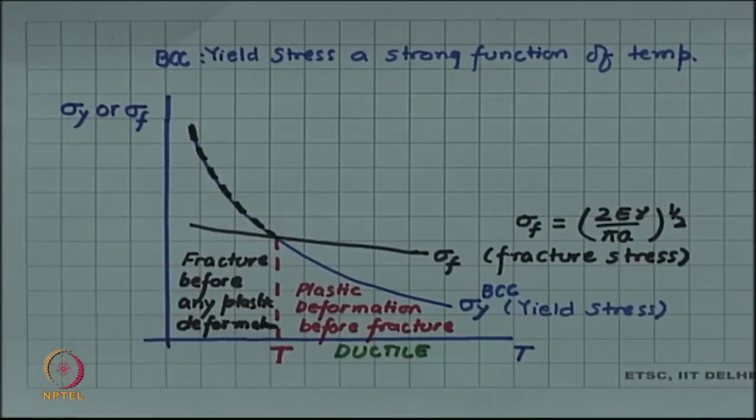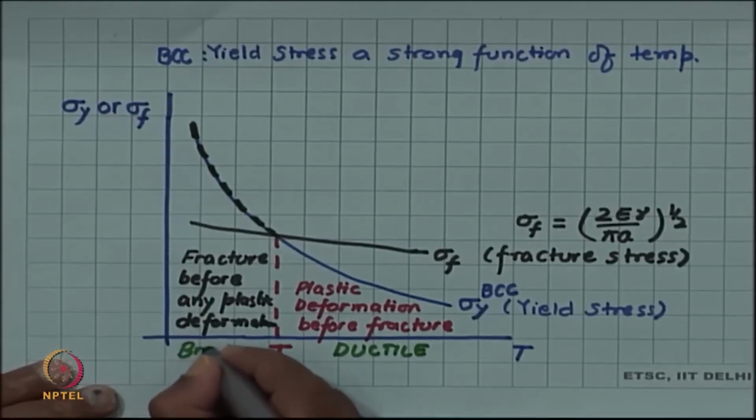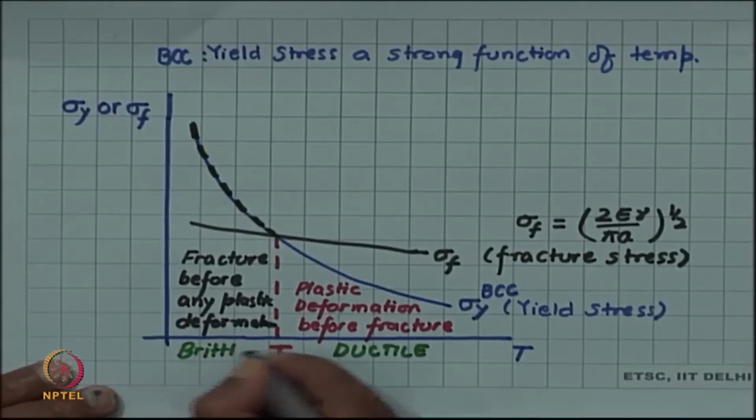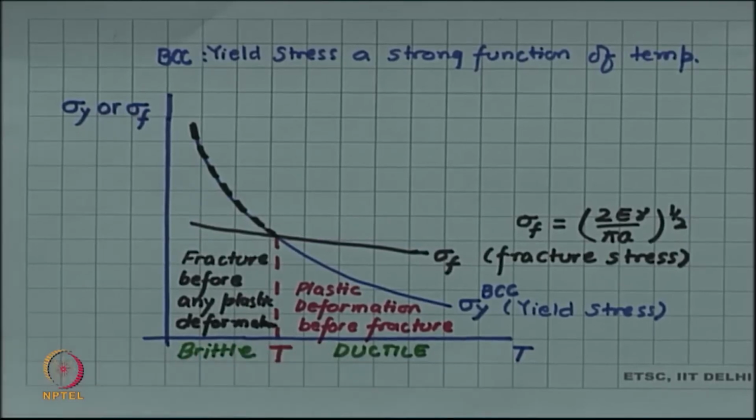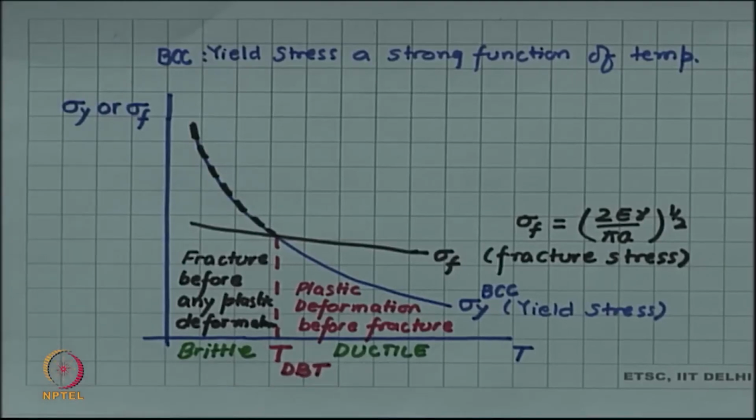However, since fracture is happening before any yielding, this part is brittle. In this domain of temperature the material will behave in a brittle fashion. So, this temperature is the ductile brittle transition temperature.